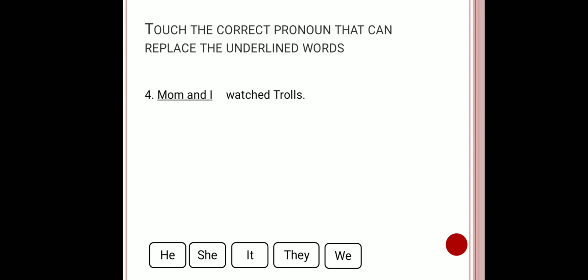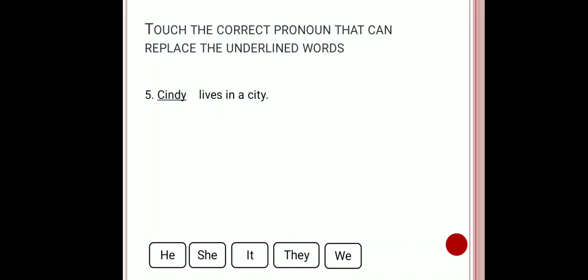I'm talking about myself and another one. And in this way, we are going to choose a plural subject pronoun. I have here they or we. Excellent. I'm going to use the pronoun we. Why? Because I am included. So I'm going to talk about myself and my mother. So we watched Trolls.